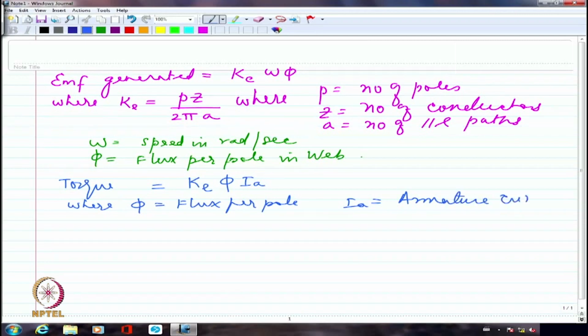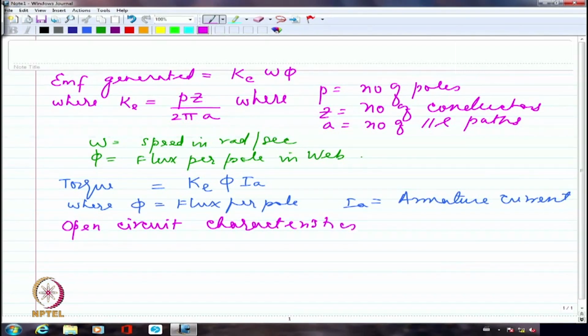Now, based on this, we started discussing, first of all, the open circuit characteristics of the machine. So we were talking about OCC, or open circuit characteristics. This is valid when I am talking about field excitation that can be changed.